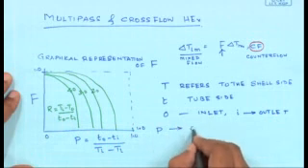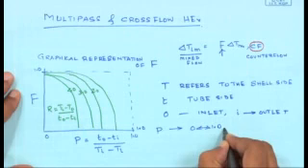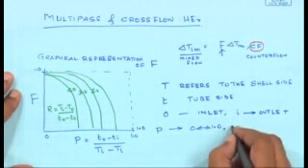P ranges from 0 to 1, and this represents the thermal effectiveness.